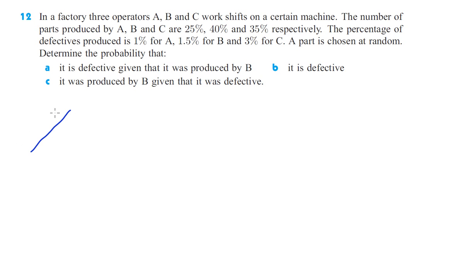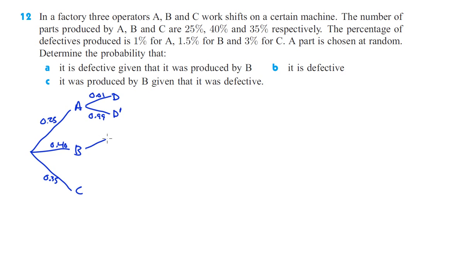The number of parts produced by A, B, and C are 25, 40, and 35. Okay, so let's go A, B, and C. So this is 0.25, this is 0.40, and 0.35. Right? The percentage of defectives produced is 1% for A, so defective is 0.01. Not defective, or D prime, 0.99.